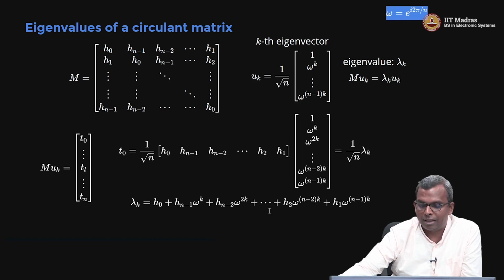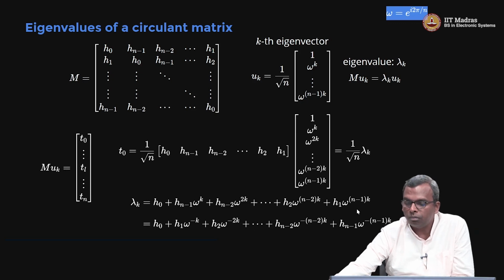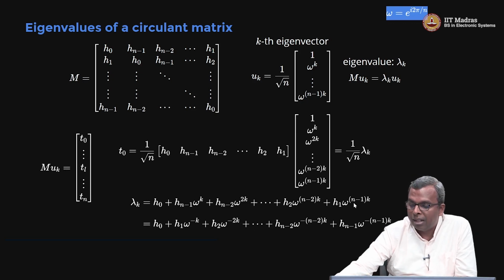Let us change this around a little bit: it is h0 plus h1 into omega power minus k, do you agree? Omega power n minus 1 into k is the same as omega power nk minus k. What is omega power nk? That is just 1. So omega power minus k alone will remain.